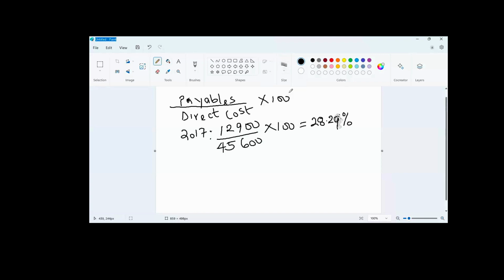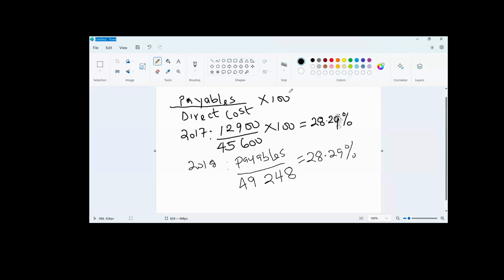Okay. Now go to 2018. Payables for 2018, I don't know yet. But I know direct cost for 2018, 49,248. This must equal 28.29%.